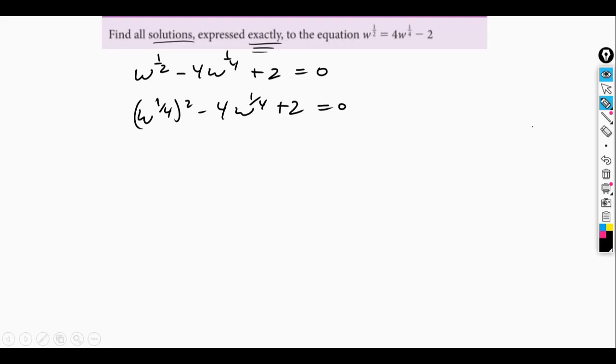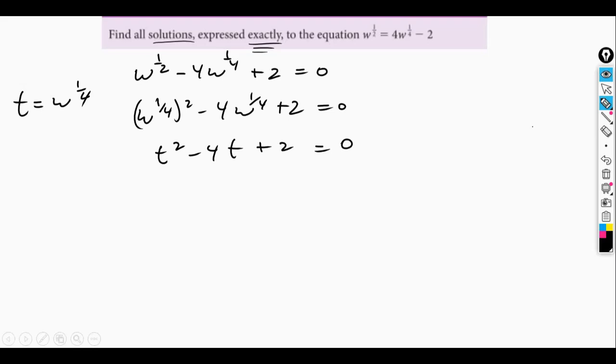If we make a simple substitution, say t is equal to w to the 1/4, then we could rewrite this as t squared minus 4t plus 2 is equal to 0. Notice that we cannot factor this. But one thing we can do is make it into a perfect square and then solve.